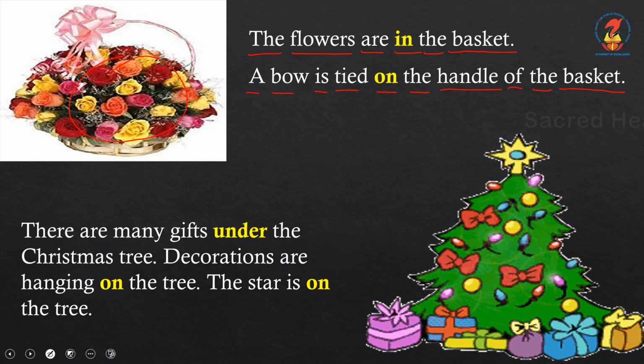Where is the bow? You can see in the picture. The bow is tied on the handle of the basket, touching the surface, isn't it?